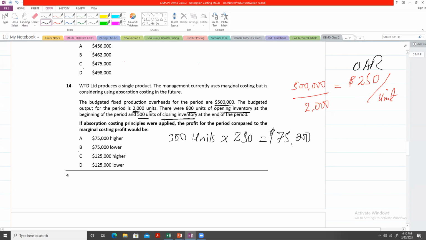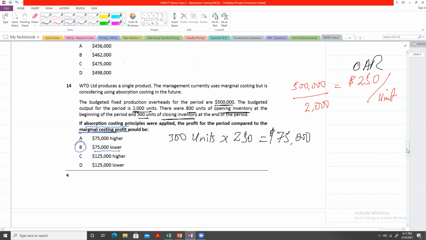This means that absorption costing will report a lower profit as compared to the marginal costing. So B will be the correct answer: absorption costing will report a profit that is 75,000 lower than the marginal costing profit.